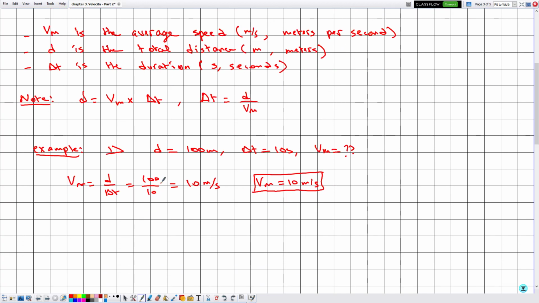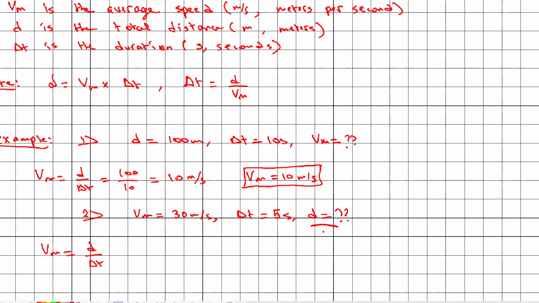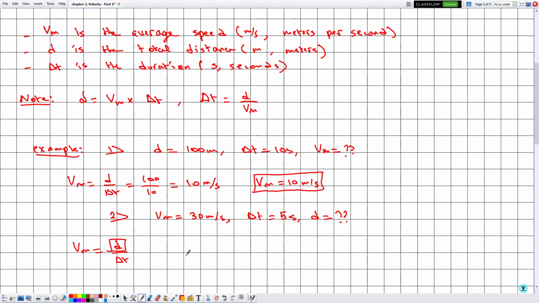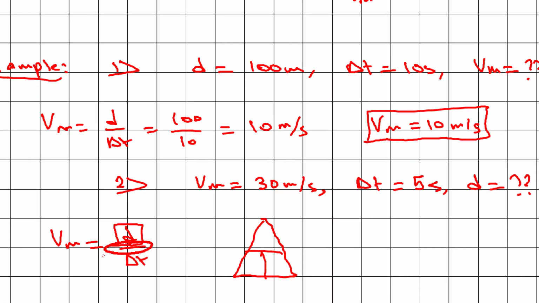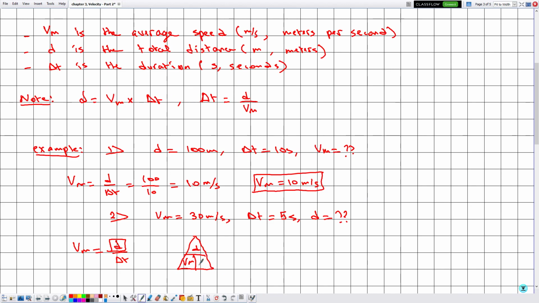Now also, if you consider another example, suppose that Vm is equal to 30 meters per second, and delta t is equal, say for example, to 5 seconds. We are interested in determining the distance d. We know that the average speed Vm is given by d divided by delta t. So constructing the triangle of this formula, because we have a division, Vm will be at the top, d here, delta t here.